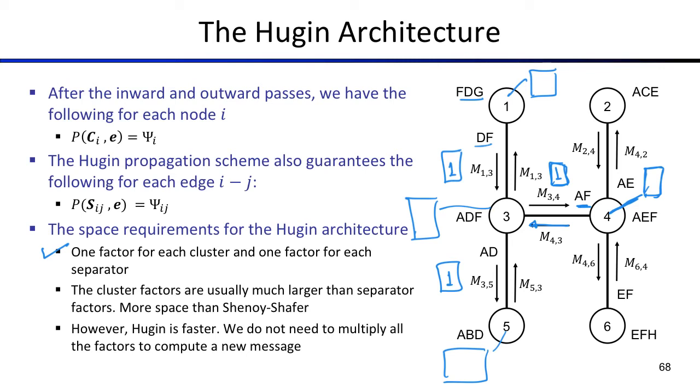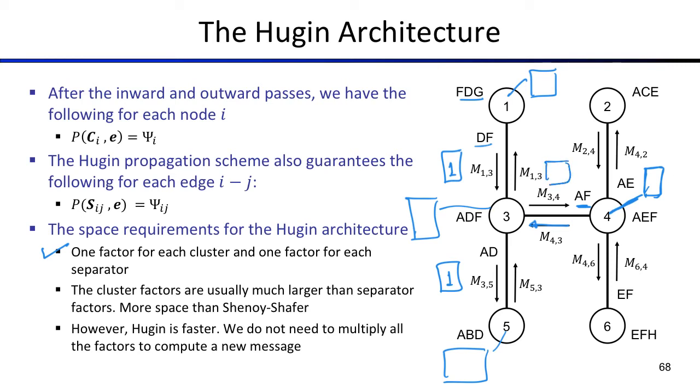And that's fine because we do not need to discount anything because 4 has not yet received the message from 3. So there is nothing to take out. But in the process of sending the message, it will erase this guy here, that's 1, and we will replace this guy by another thing.